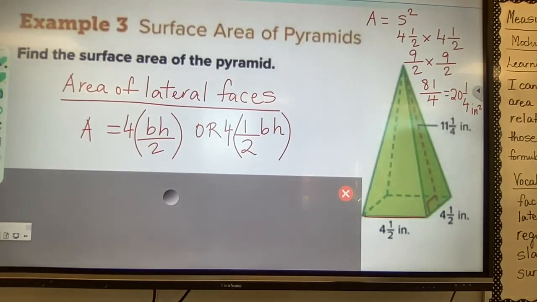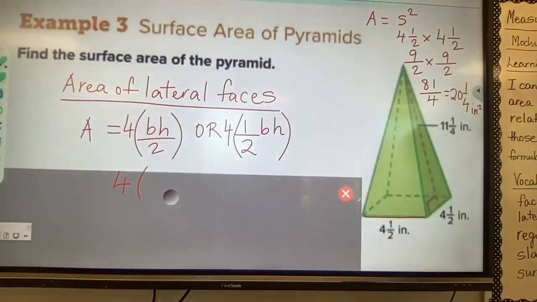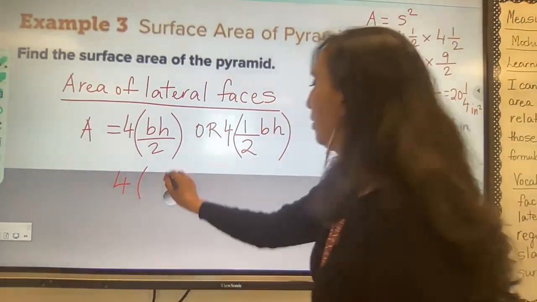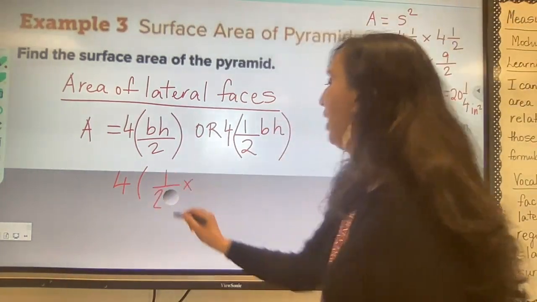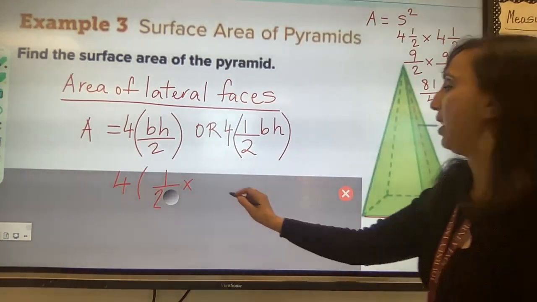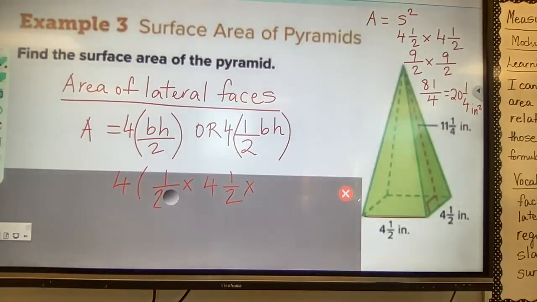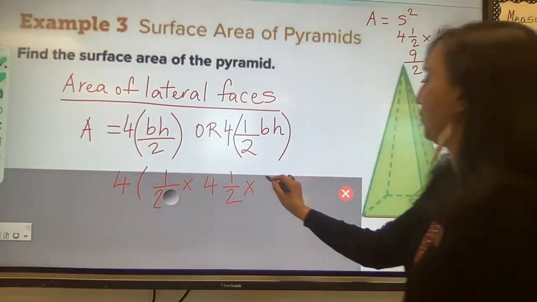So area is going to be 4 times 1/2 times what is my base, 4 1/2, times what is my height, 11 and 1/4.